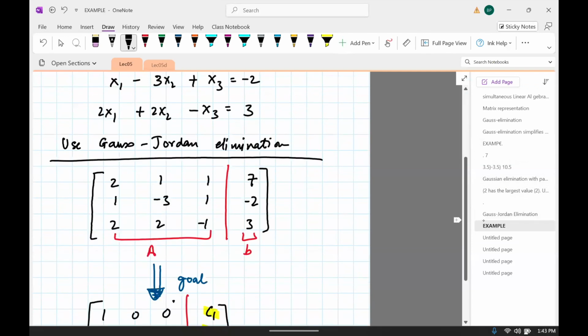The first thing you notice is that we want to have 2 as the pivot, but 2 is not equal to 1. We need to make it 1. So we divide the first row by 2. When I say divide the first row, you need to take the entire row. So 2, 1, 1, 7, all those elements have to be divided by 2.